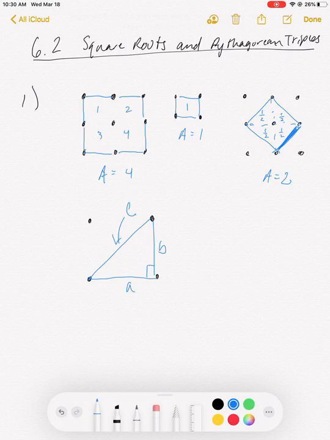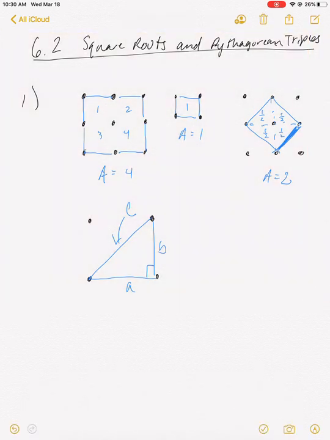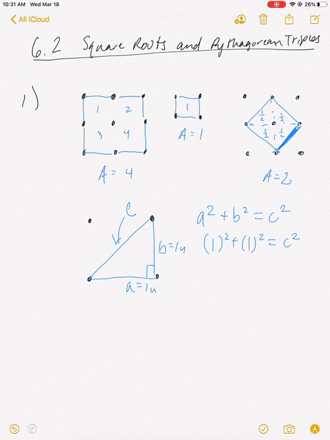So according to the Pythagorean theorem, a squared plus b squared is equal to c squared. Okay, and this is kind of what we're going to do in the homework, so that's why I'm going to show you this now in a little bit more detail. We know that a and b are equal to 1 unit long. Okay, and then we have 1 squared plus 1 squared equals c squared, and we don't know what c is, so we have to leave that as a variable.